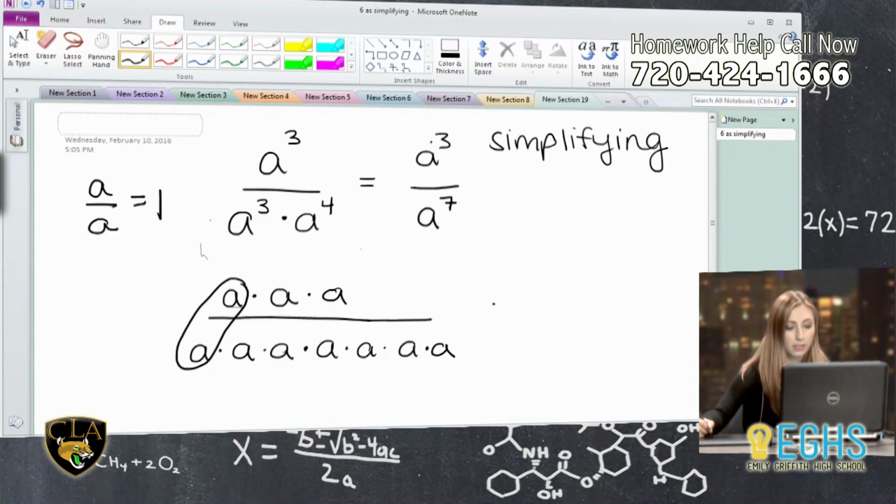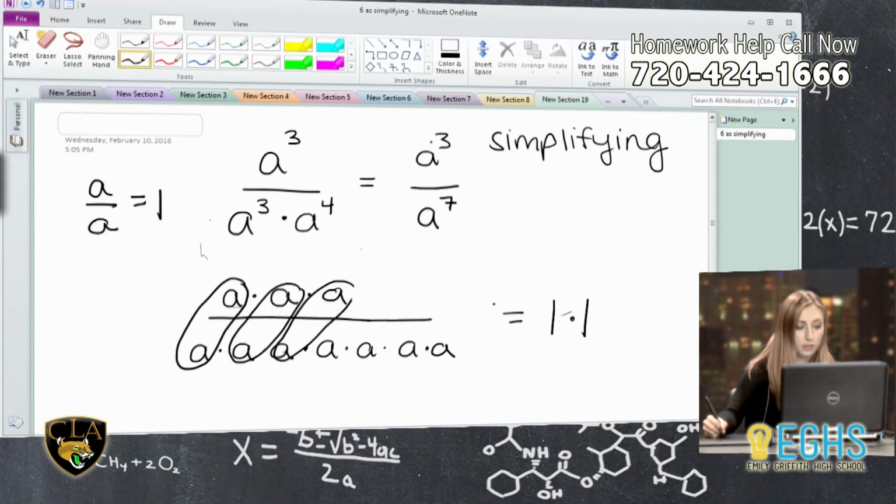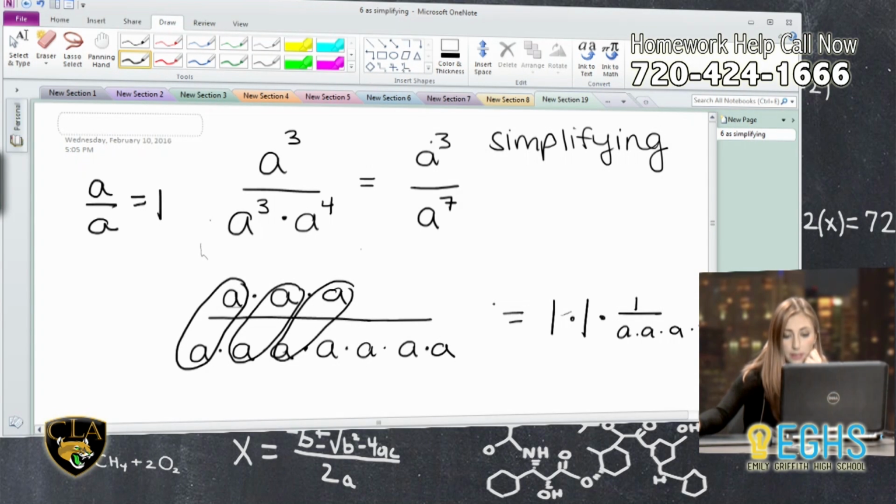So essentially what I could do is call that 1 times, and then here's another 1, times 1, and then here's another 1, times, and then we could just say 1 over a times a times a times a.